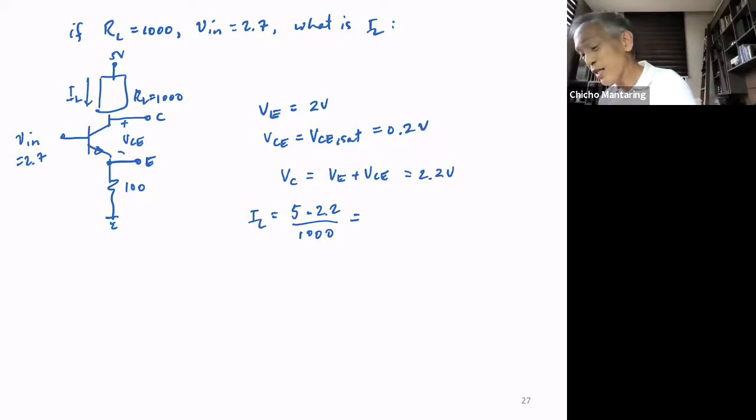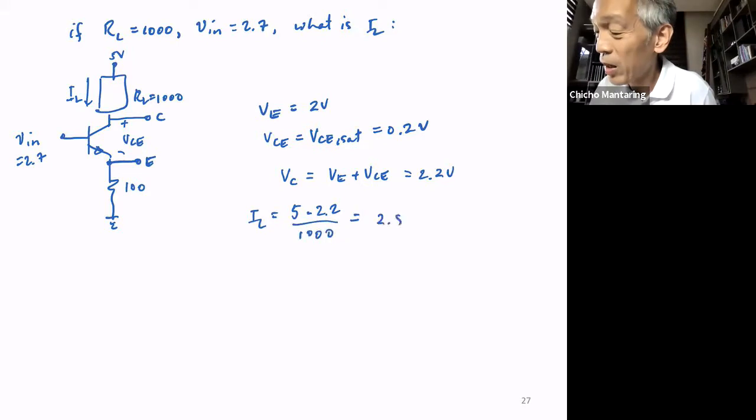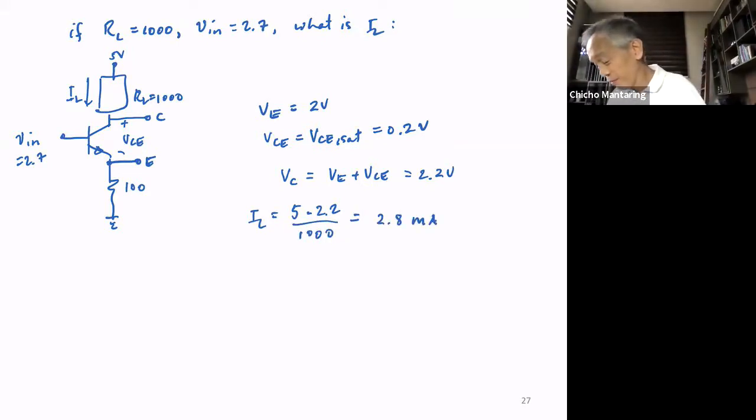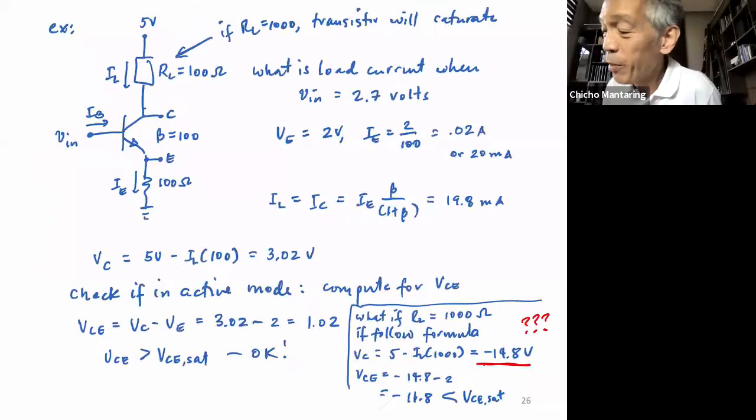Okay, which is just 2.8 mA. Very much smaller than our intended load current of 19.8, no? 19.8 mA. This was our intended load current.